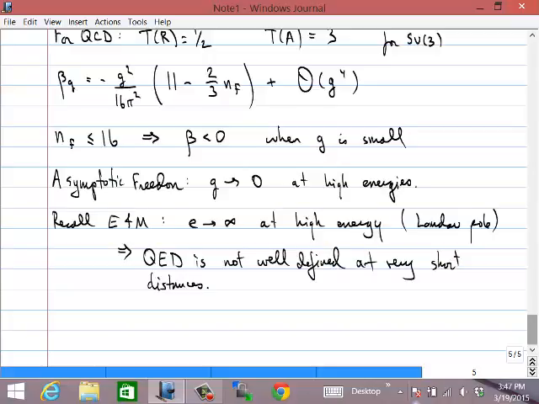In the Standard Model, all of the forces are described by Yang-Mills fields. So you have the electroweak fields, electro standing for electromagnetism, and weak is an SU(2) Yang-Mills theory.